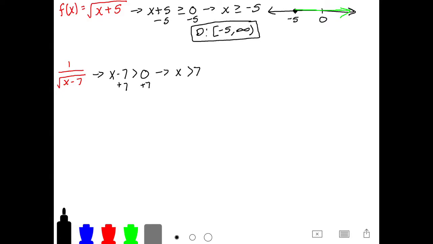And when we draw a number line, you have an open circle at 7, and your arrow will be going to the right since x is greater than 7. And when you write your domain, you have parentheses, since that is what an open circle is associated with.